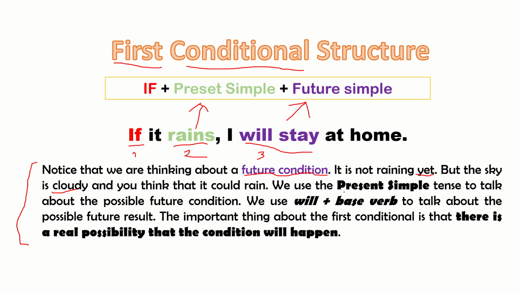We use the present simple tense to talk about the possible future condition. We use will plus base verb to talk about the possible future result. The important thing about the first conditional is that there is a real possibility that the condition will happen.